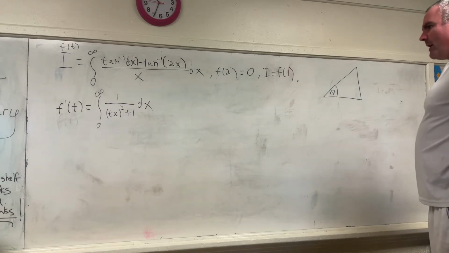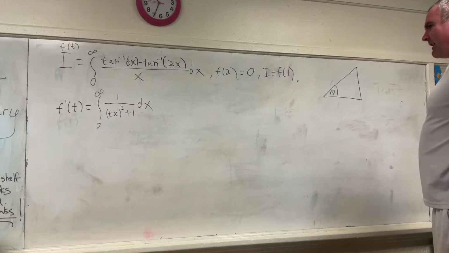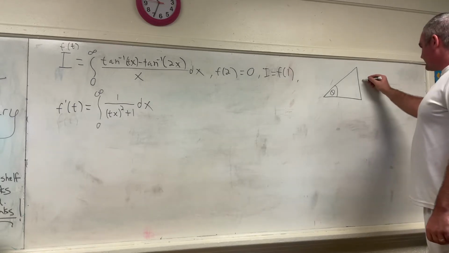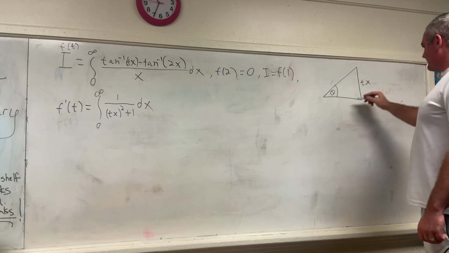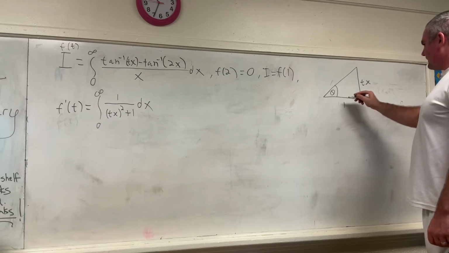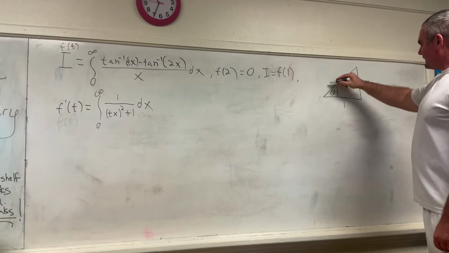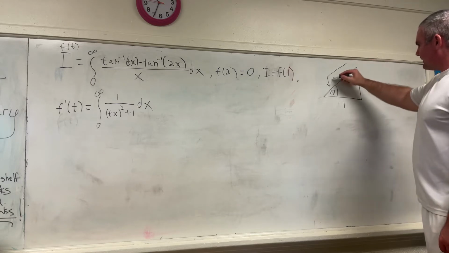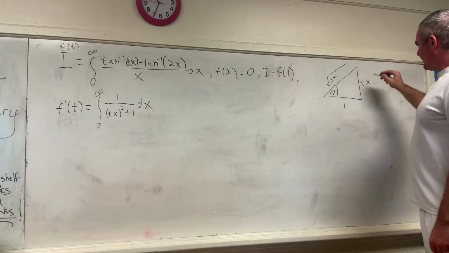So now I would like to set up a triangle like this. We're going to have tx over here and 1 there. And then on this side, we'll have the square root of this squared plus this squared.